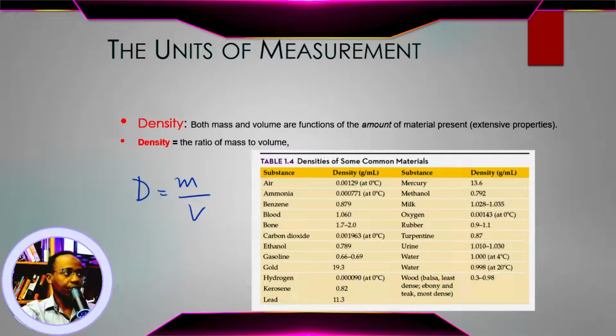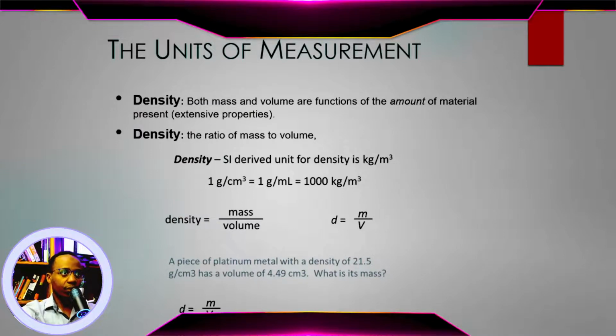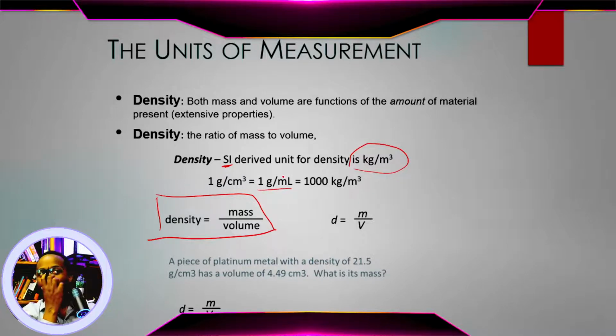So these are the formulas: density is equal to mass over volume, or D equals M over V, and the SI unit for density is kilogram per cubic meter or grams per milliliter.